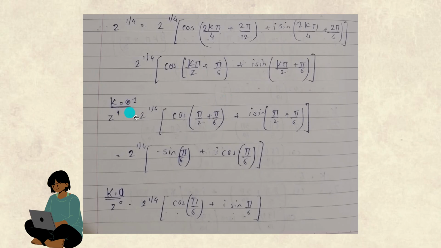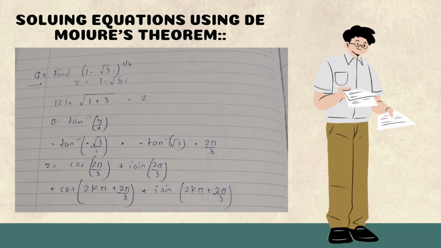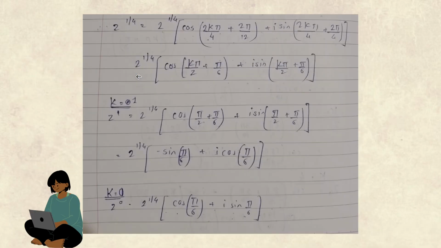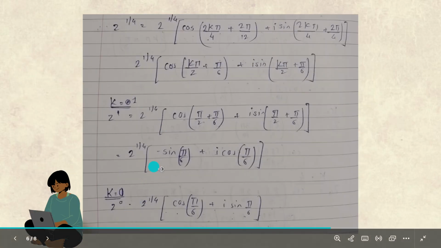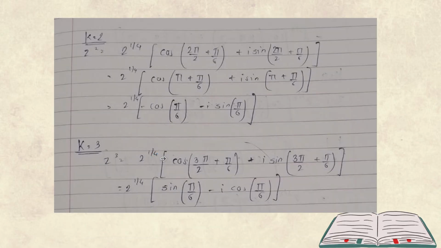For example, k equals 0, 1, 2, 3, up to the last value, which is determined by the exponent we have here, which in this example is raised to 4. So we can calculate it 4 times, which is 0, 1, 2 and 3. By similar calculations we can get the values of all the roots as shown here.